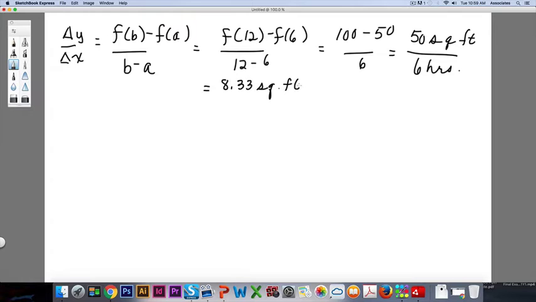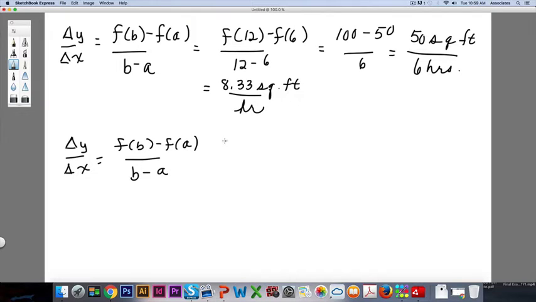Next one said to do delta y over delta x is equal to f of b minus f of a over b minus a. This time they want the results from 25 to 32 hours.